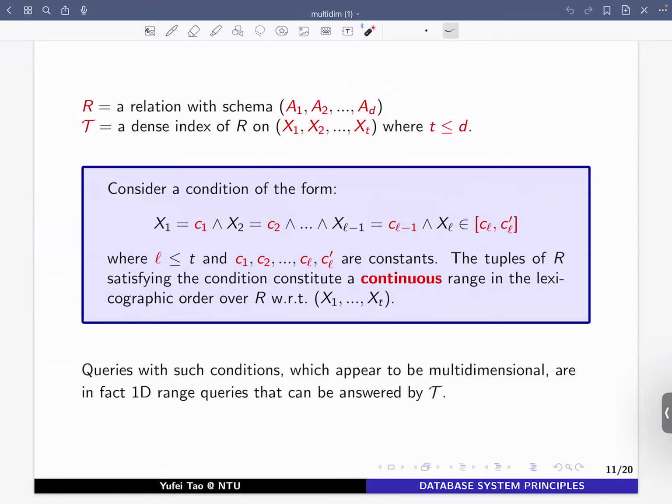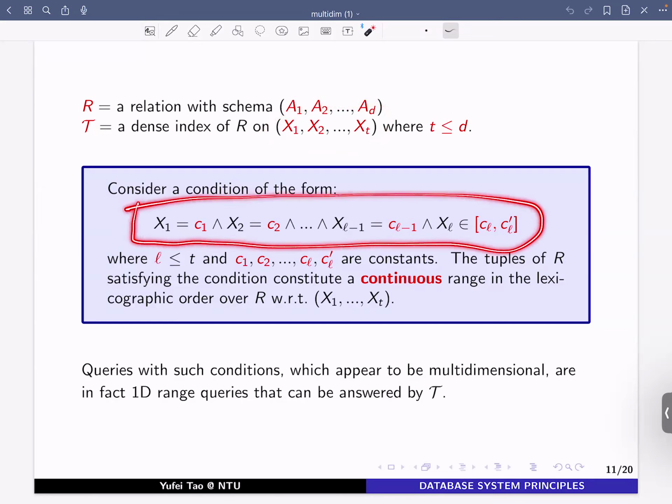This is a B tree. It's a dense index on the lexicographic order with respect to x1 to xt. Now, if you have a multidimensional condition like this, this is actually something that can be processed by the B tree.